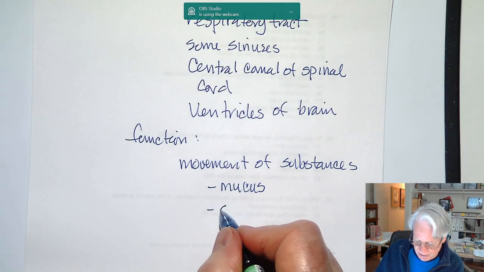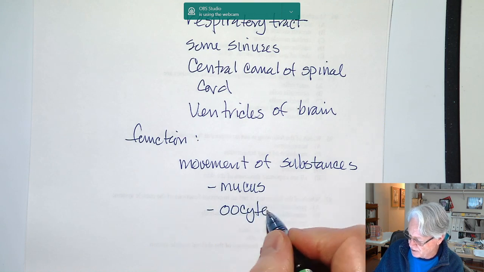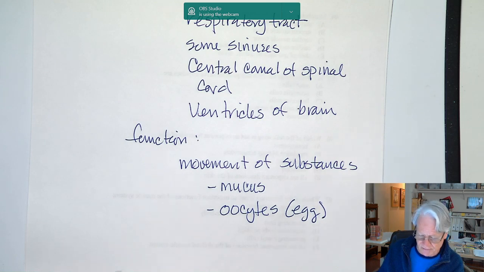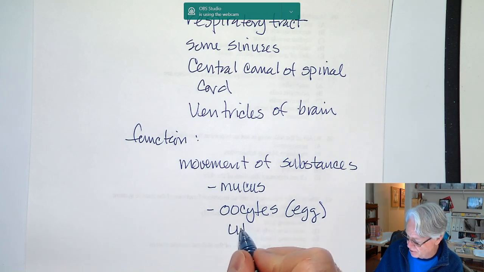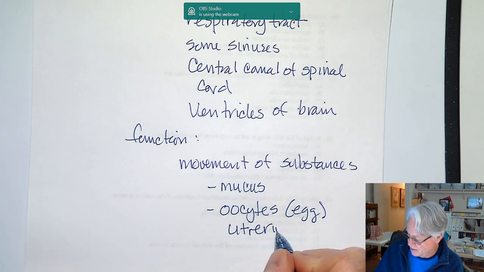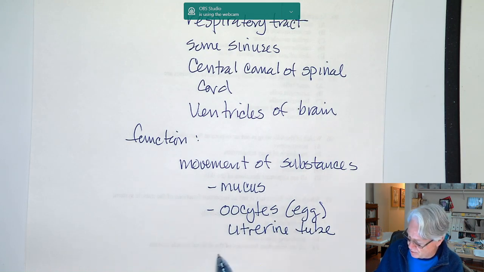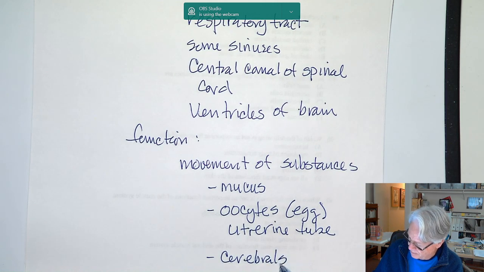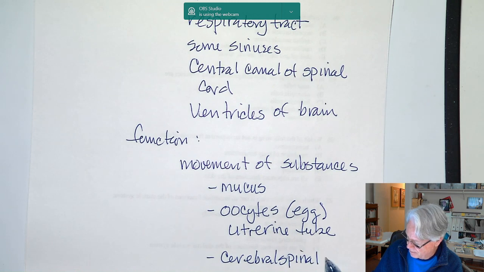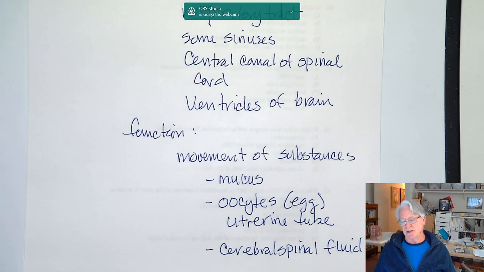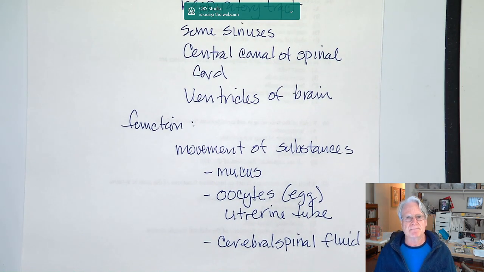We can also move the oocytes, which is the egg, in the uterine tube using ciliated cells, and cerebral spinal fluid. And that would be in the ventricles of the brain and the central canal of the spinal cord.